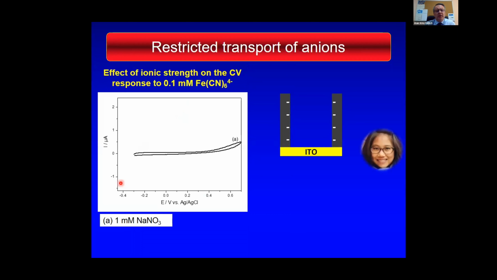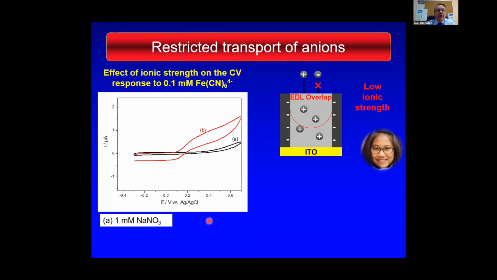And this is even worse if you work in the presence of a supporting electrolyte at low concentration, because in this case, the electrochemical double layer is much larger than the pore diameter, and we have a total overlap of these layers, making it so that the anions are not likely to cross.